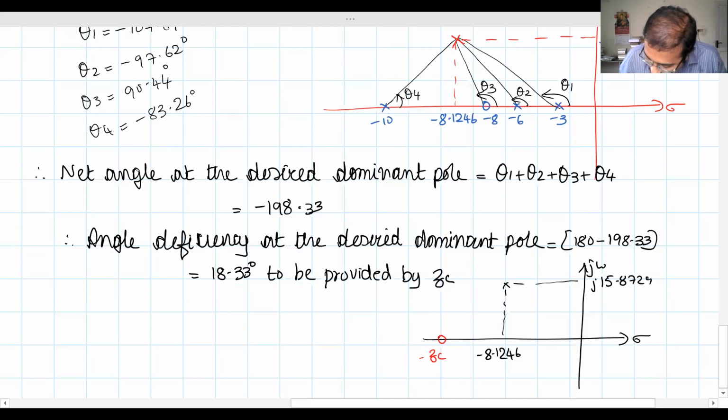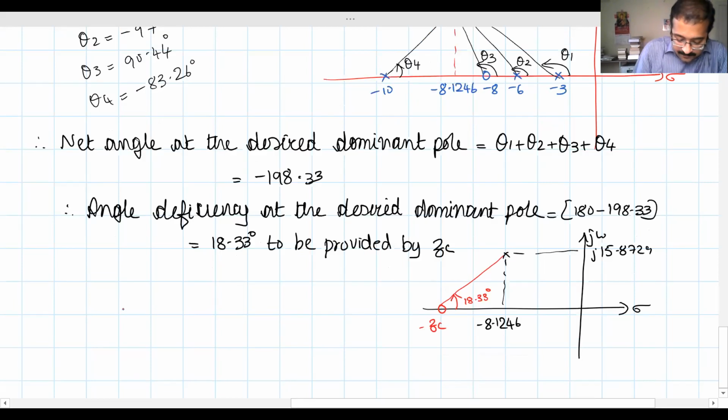So now you draw this. This angle should be plus 18.33. So what's the relation? tan 18.33 must be the opposite side, 15.8729, divided by the adjacent side.